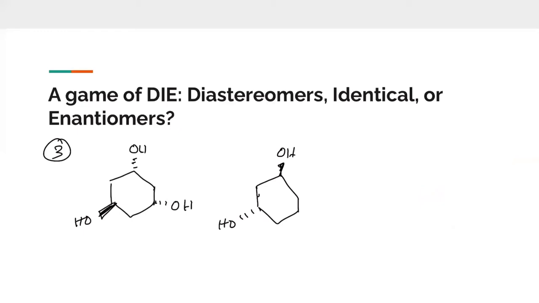And what you might recognize after having seen our first two examples is that there is a plane of symmetry along this axis. So bear with my drawings, but essentially if you rotate this left molecule right here 180 degrees, you will see that this hydroxyl group will become this hydroxyl group, because if it's pointing out of the page, it will now point into the page after rotating 180 degrees.